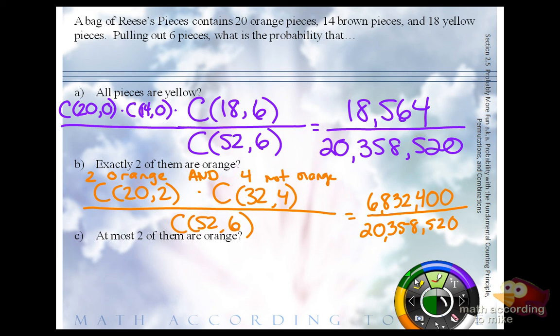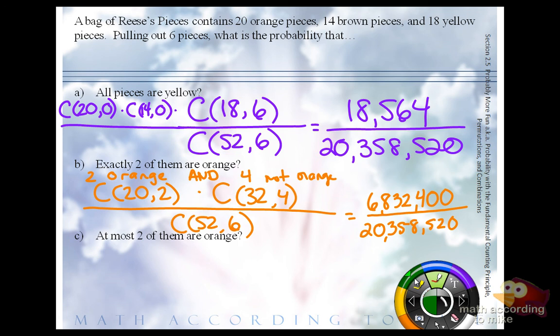C. At most 2 are orange. There's that phrasing, at most 2. So at most 2 means less than or equal to 2. So anytime you hear greater than, less than, at most, at least, in terms of probabilities or events, you want to think about exactly. So it could be exactly 0 orange or exactly 1 orange or exactly 2 orange.